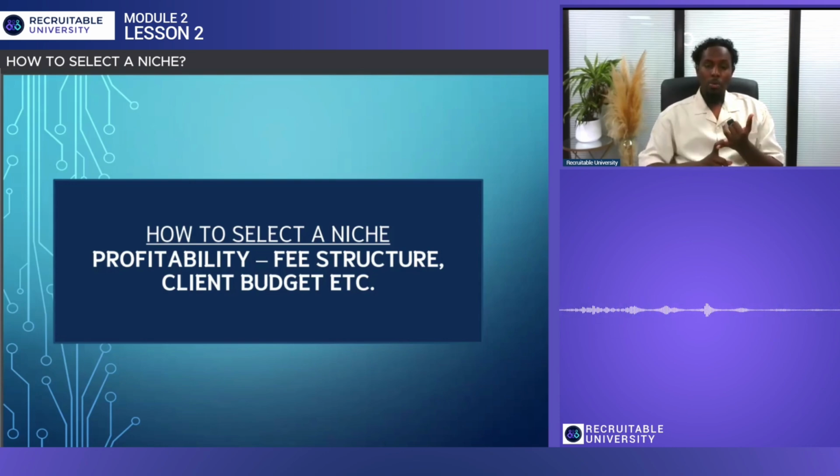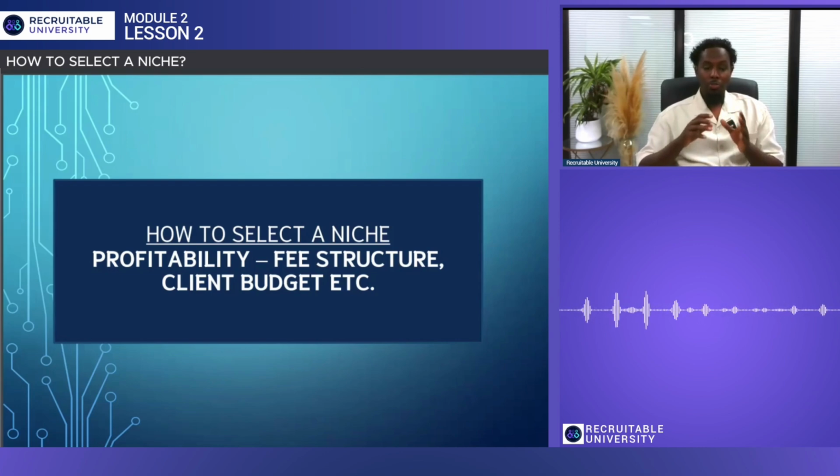For example, if you go into admin or office recruitment, you're looking at a much lower finder's fee and much lower commission structures as opposed to higher-end niches such as engineers, IT, healthcare professionals.